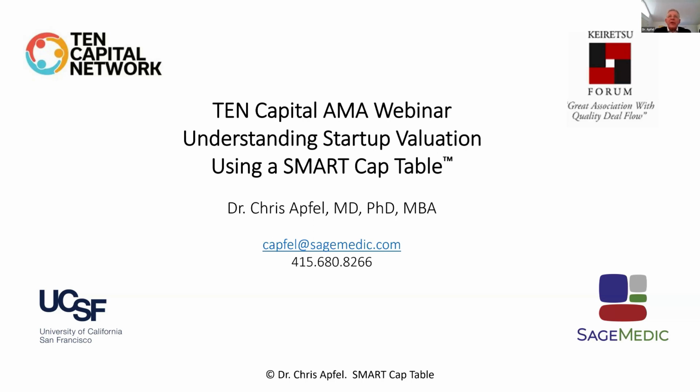And today it's my pleasure to talk about understanding startup valuations and using a SMART Cap table. And we developed this at the Keiretsu Forum with 3 other investors, because we were pondering what's our return on investment. And apparently, the return on investment is highly dependent on the exit value.